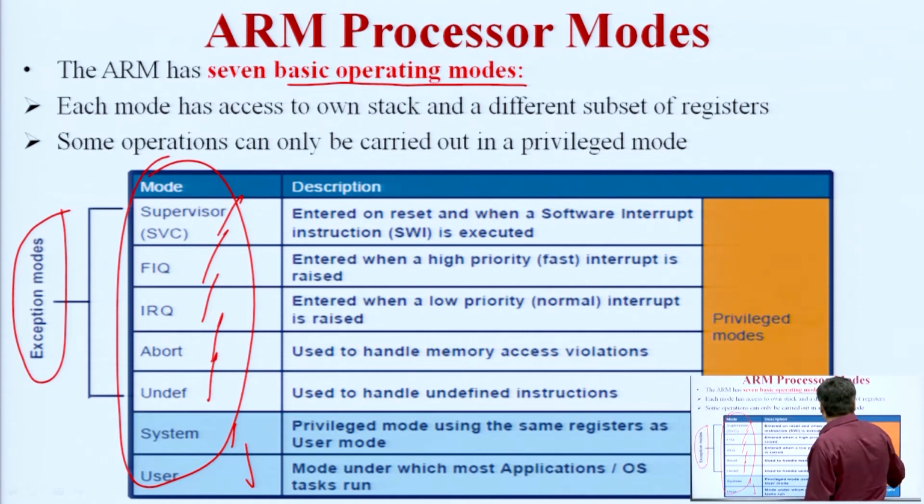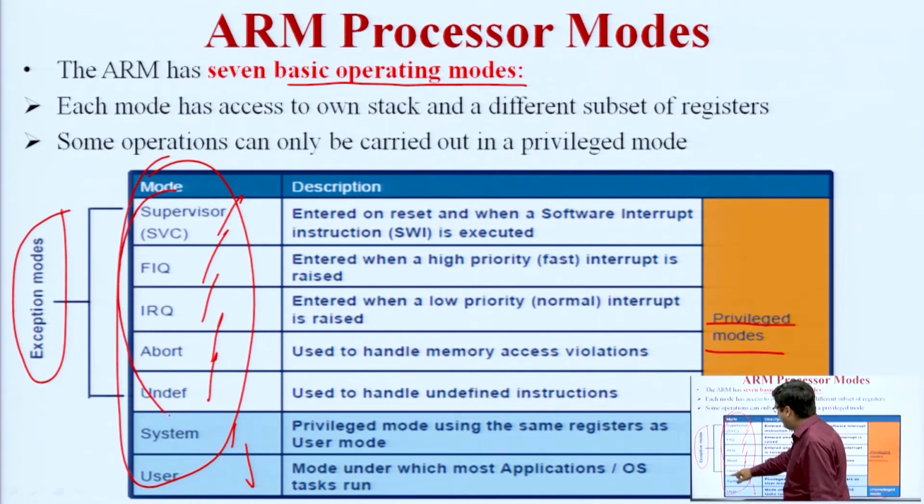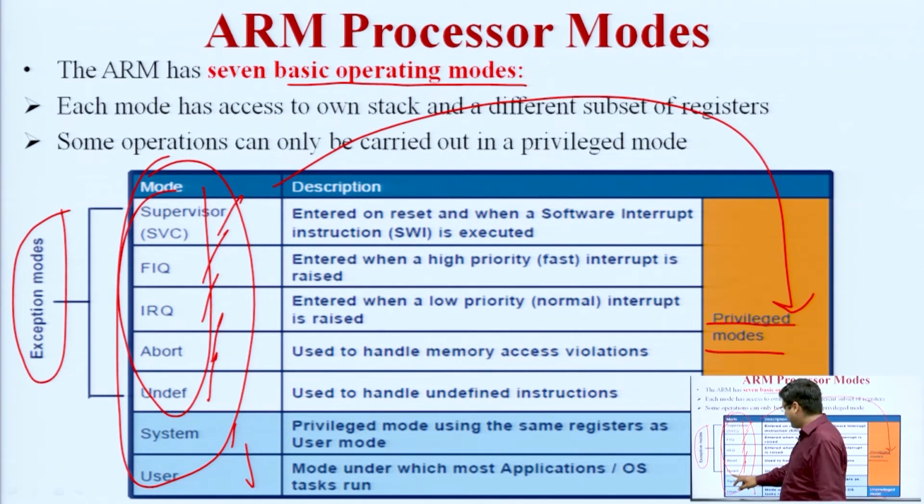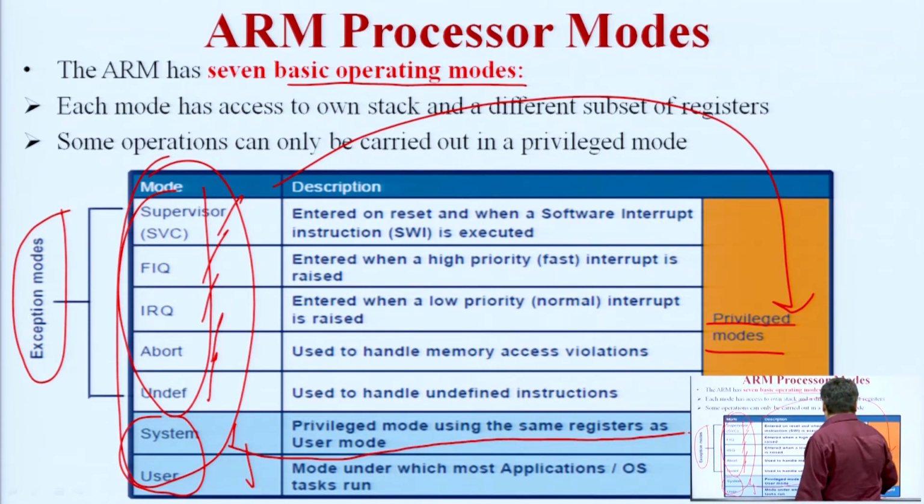There are 2 categories of mode along with the 7 modes of operation: privileged mode and unprivileged mode. Out of the 7, 5 modes belong to the privileged mode and the remaining 2 modes, system and user, belong to the unprivileged mode.